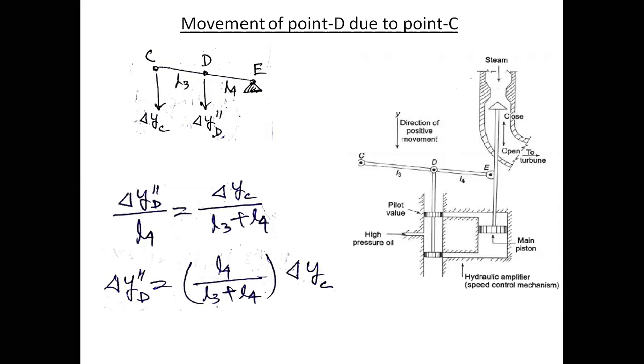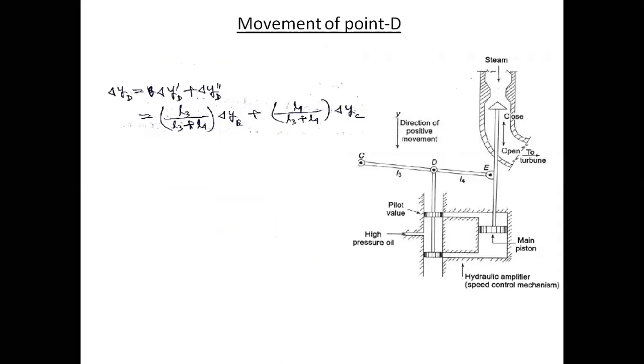So if we take the combination of both, what do we have? We have the net movement of YD, that is del YD single dash plus del YD double dash. So finally we get this equation: L3 by L3 plus L4 into del YE plus L4 divided by L3 plus L4 into del YC.